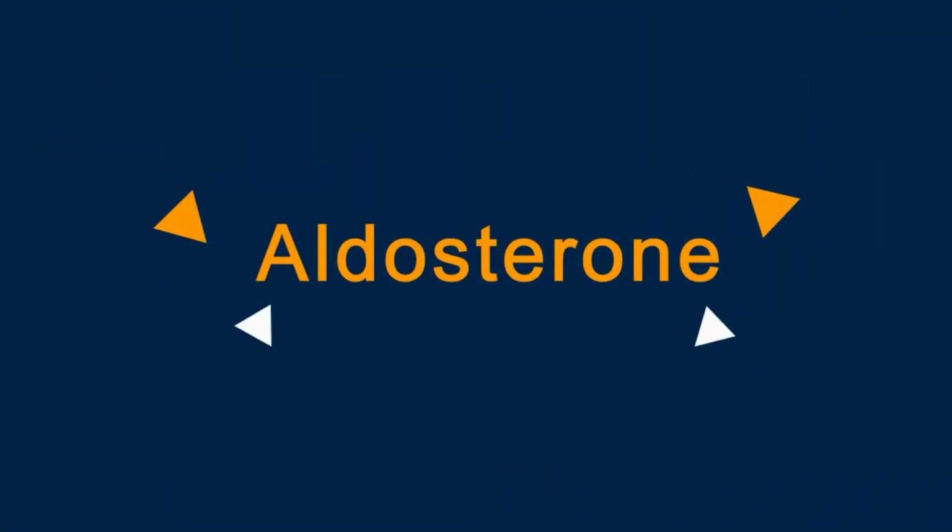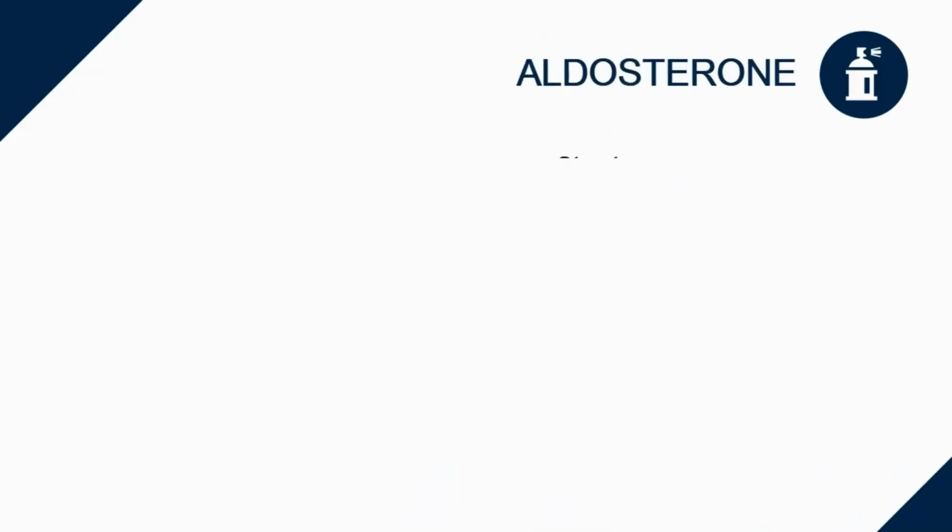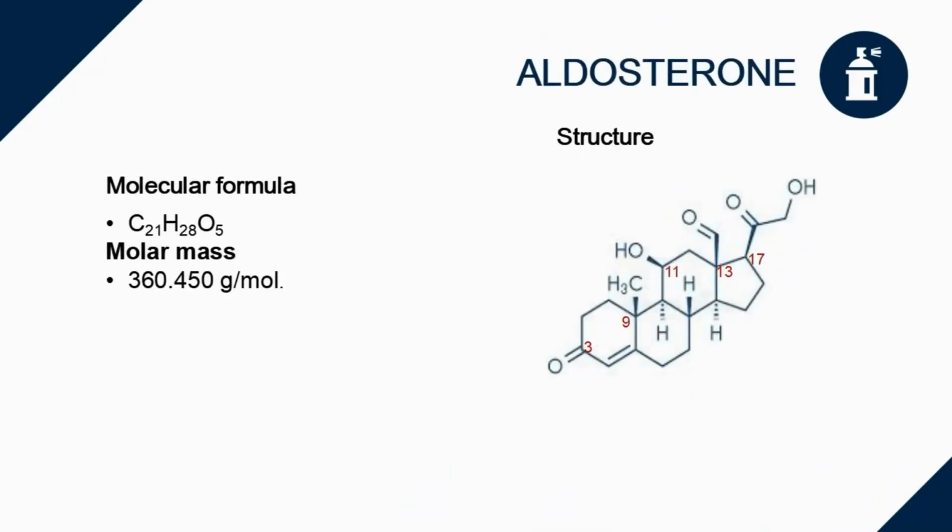Let's see aldosterone. This molecule consists of 21 carbon atoms, 28 hydrogen atoms, and 5 oxygens. There is a carbonyl group at the carbon 3 position, one methyl group at the carbon 9 position, a hydroxyl group at the carbon 11 position, and an aldehyde group at the carbon 13 position.